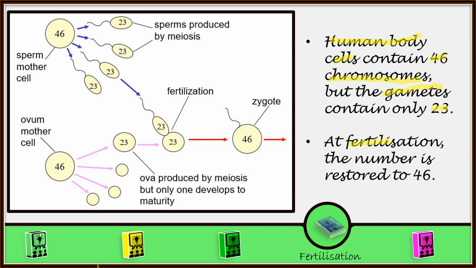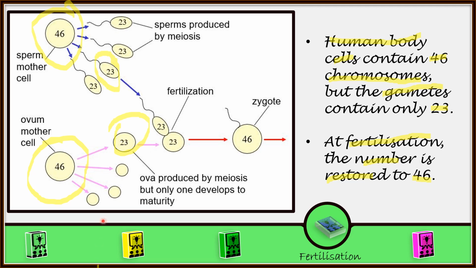So after fertilization, the number is restored to 46. We are seeing that the parent cells are having 46. So when they produce the gametes, the gametes are going to have half the number of the parent, which is 23. Now these ones are our gametes.